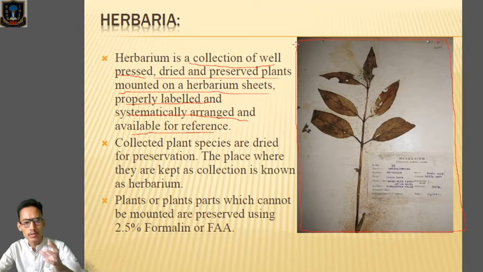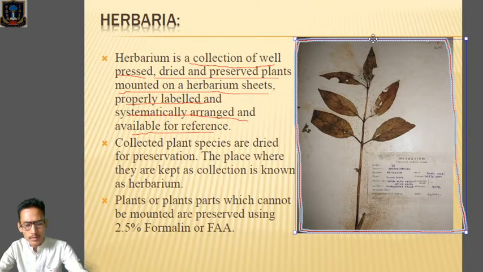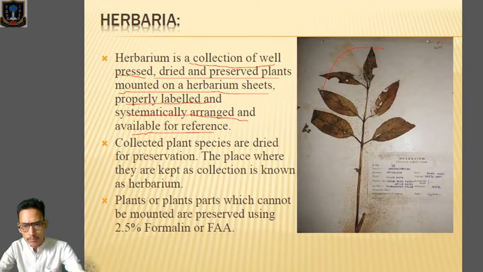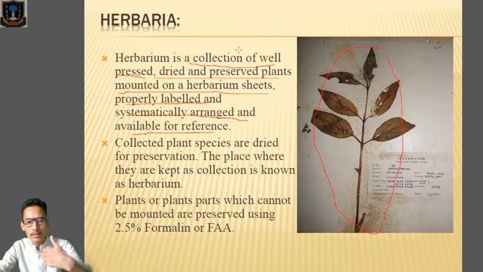Now, in case of herbarium, what we do, we will first collect a plant. You can see over here, this is the plant which is being collected from a particular habitat. Now that collected plant will be well pressed. We have to press it. Then we have to dry it.